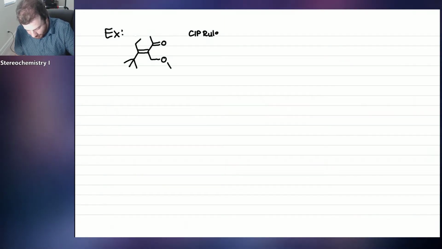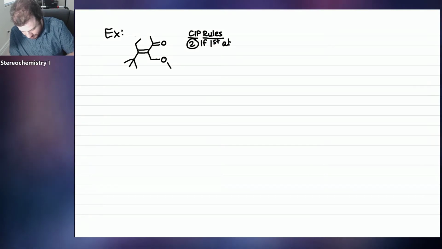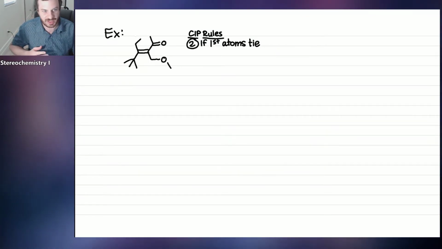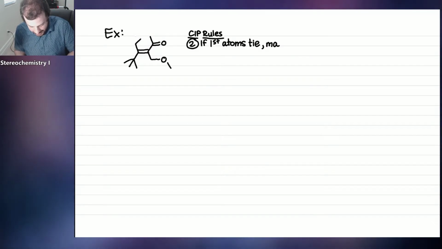I said there were 3 parts. Part 2, remember part 1 was just the highest priority group is based on atomic number. Part 2 says if first atoms tie, which is what is going to happen in this example, meaning you have like carbon and carbon. How can you decide between carbon and carbon? In this situation, make lists of atoms attached to them.